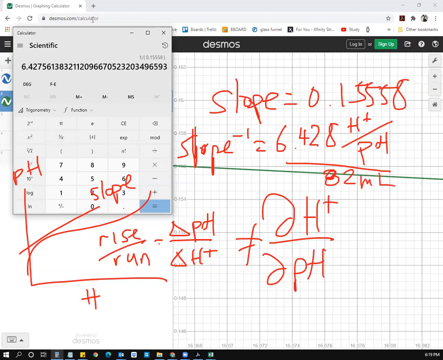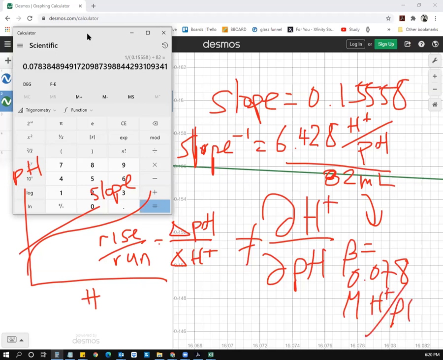When we do that on our calculator, we get a number that's a lot less than either the theoretical or the experimental buffer capacity that we calculated earlier. Using this modeling first derivative method, we get an instantaneous buffer capacity of 0.078 molar of the acidic titrant per pH.